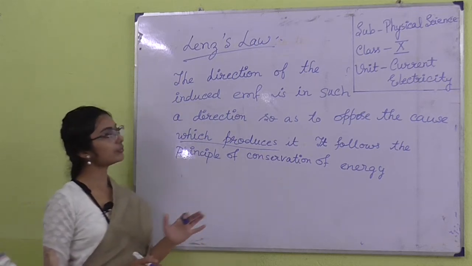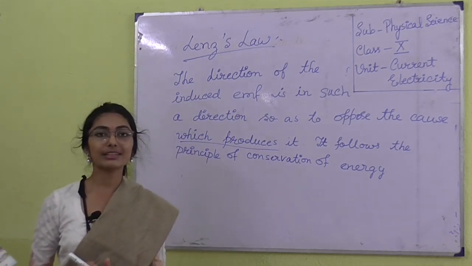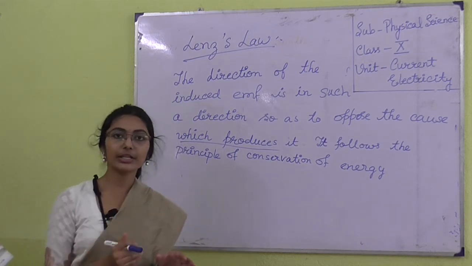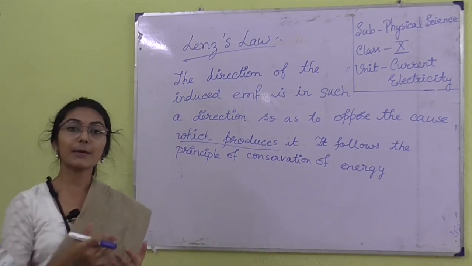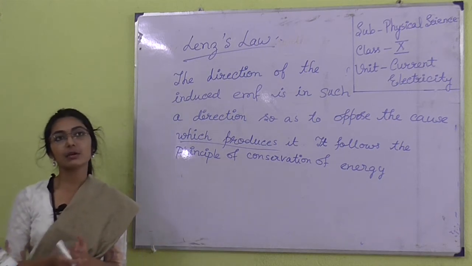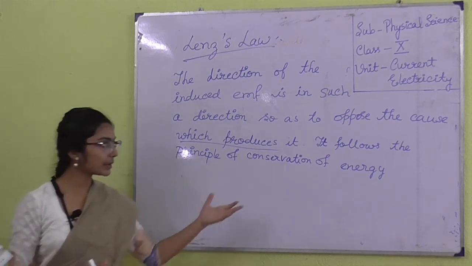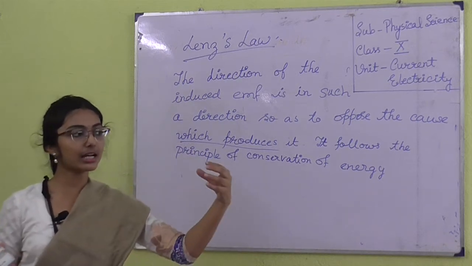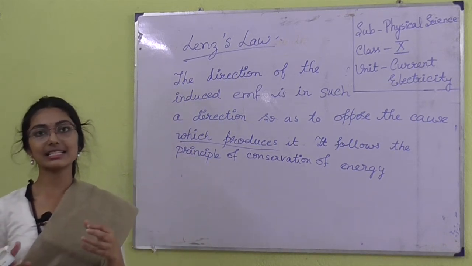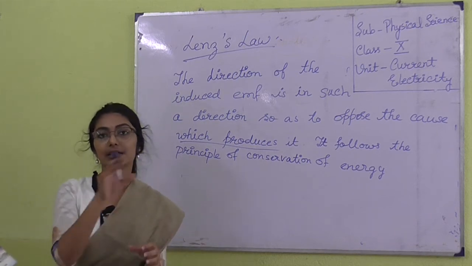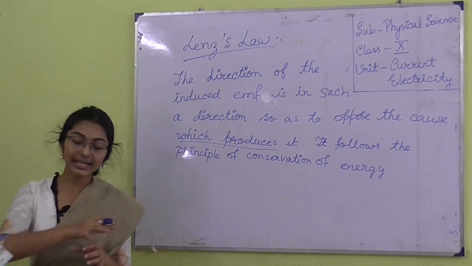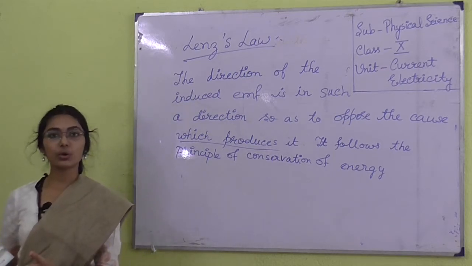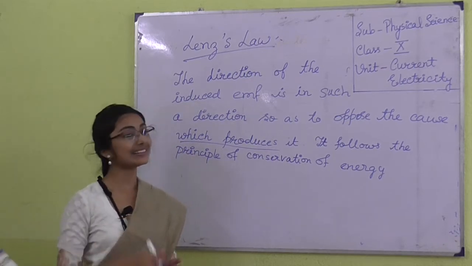It follows the principle of conservation of energy, because whenever magnetic flux enters the solenoid, if more energy were created, it would violate the principle of conservation of energy. But that is not happening. Kinetic energy is increasing if the velocity of the magnet is increasing, and more magnetic field lines enter the solenoid. If more kinetic energy were produced, it would violate that principle.